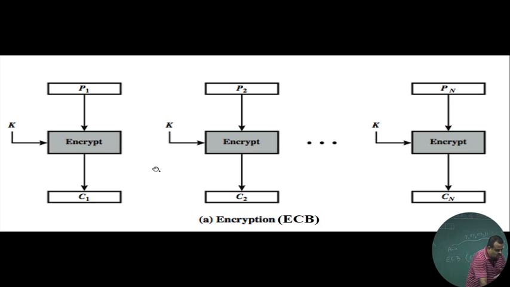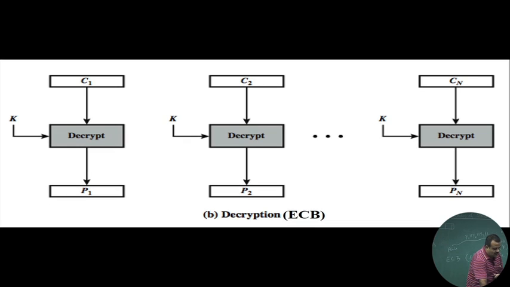This is what Alice is doing, the encryption of this mode of operation. And now, how will Bob get back? Bob is getting C1, C2, Cn. Bob will use the decryption of that particular block cipher using the same key, and Bob will get back this plain text. Okay. So, this method has a problem.